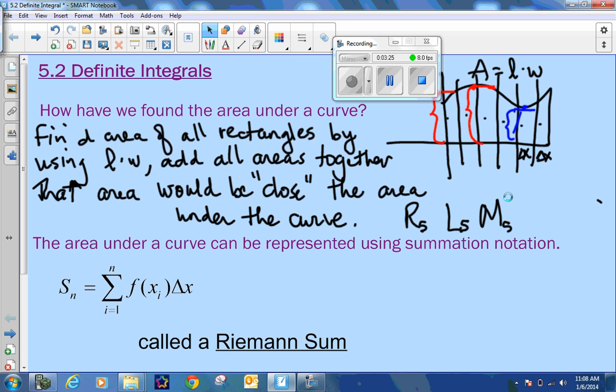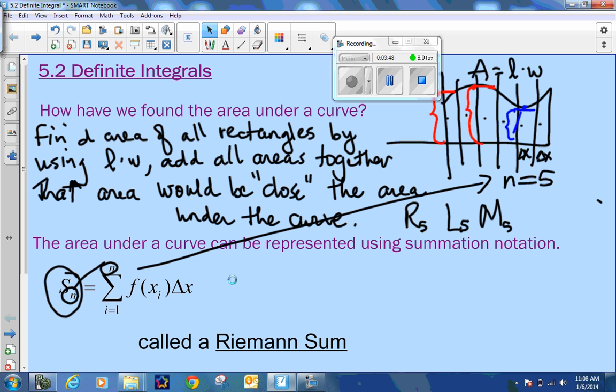Okay, so we're going to go on to a new notation, and notice it starts out looking the same, except it's S as in sum. N would be the number of intervals, and of course that would match here and here. So in this case, N was 5. So this one would look like i equals 1 to 5.